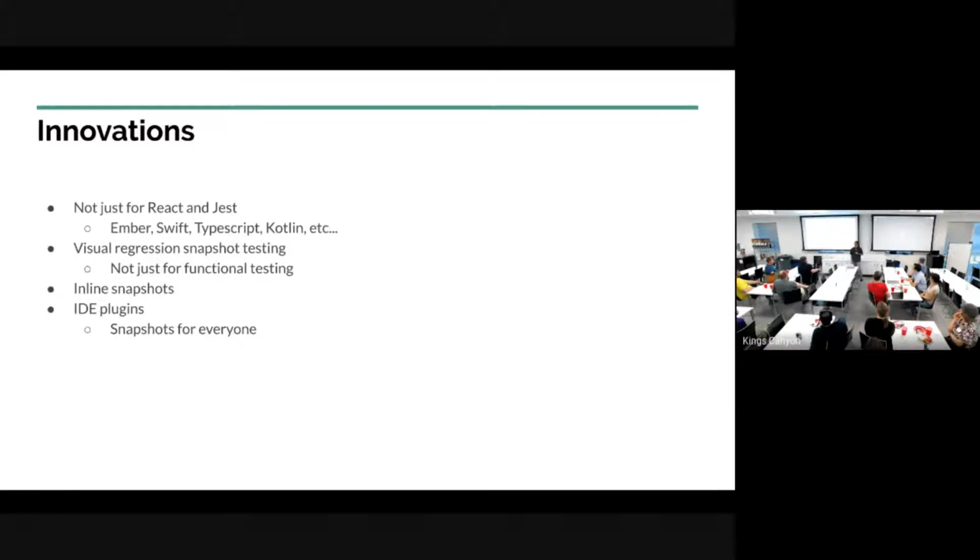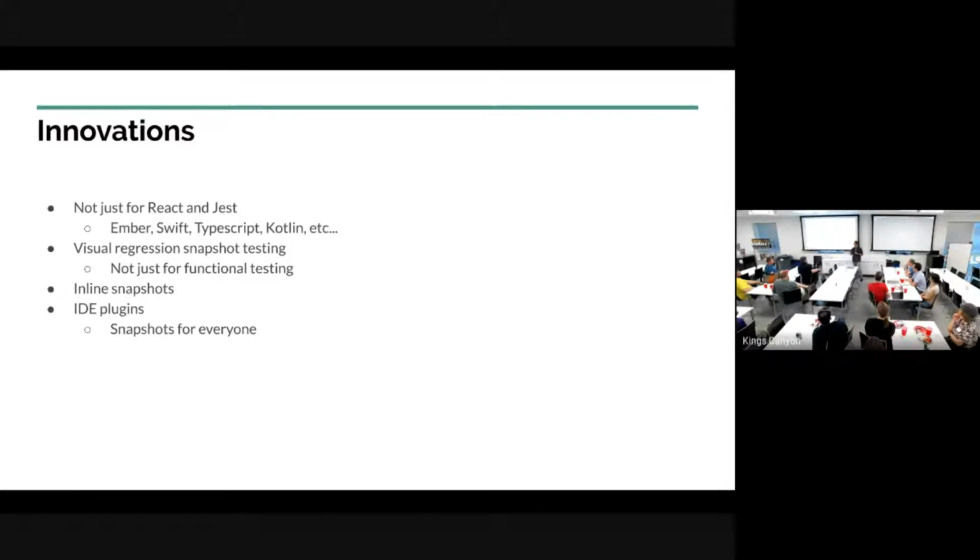Finally, we're seeing a lot of plugins, whether you're on Atom or Visual Studio Code, whatever IDE you're using. There are a lot of little tools that go around this snapshot ecosystem.